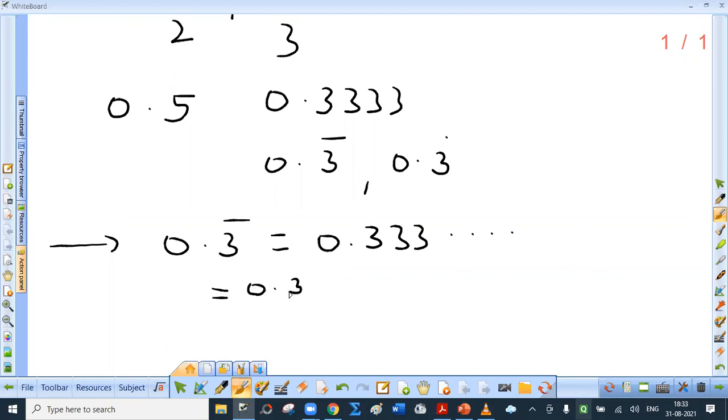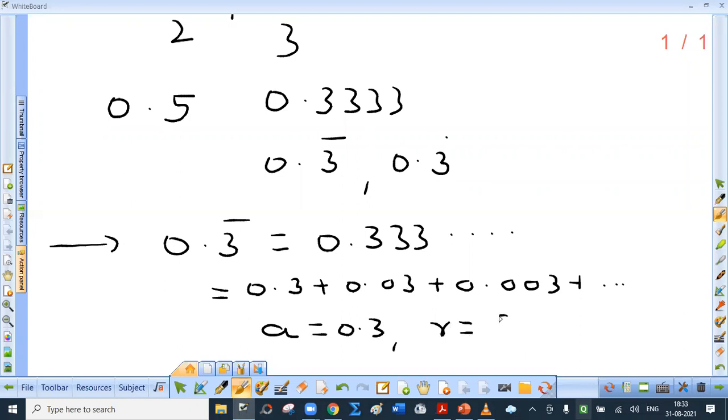Can I write this as 0.3 plus 0.03 plus 0.003? Yes, absolutely right. Note that these terms are in geometric progression with first term a. First term is 0.3. Can you tell me the common ratio? It is second term upon first term. What is difficult? Division. 0.03 upon 0.3 is what? Don't say 1. It is 0.1.